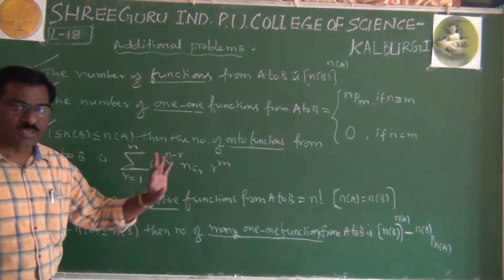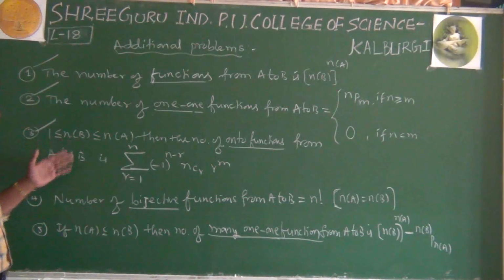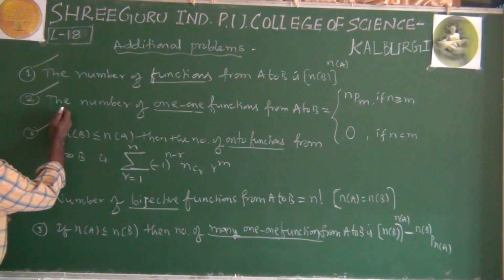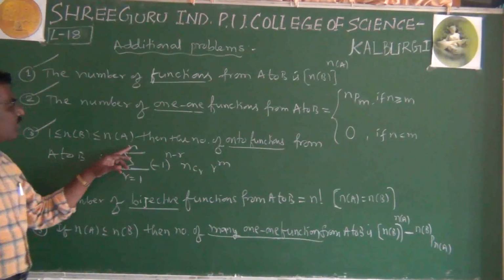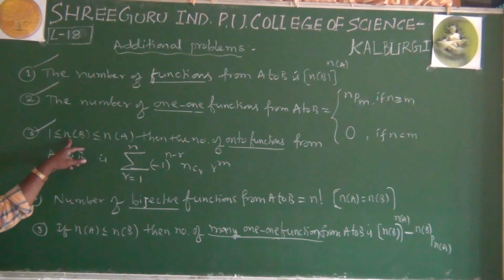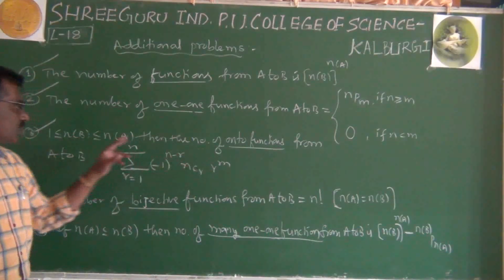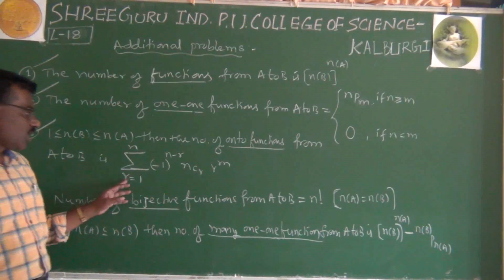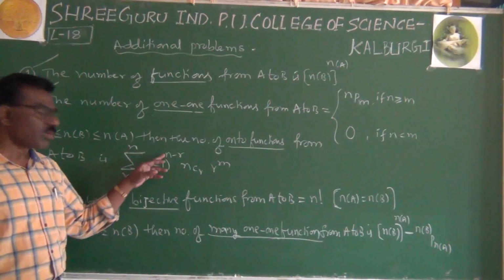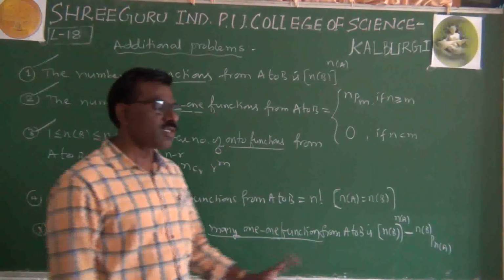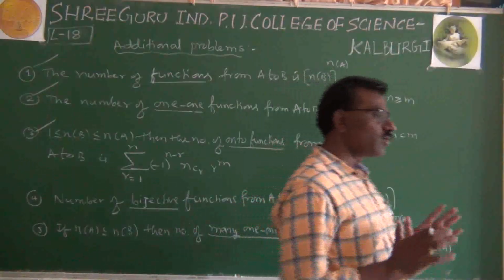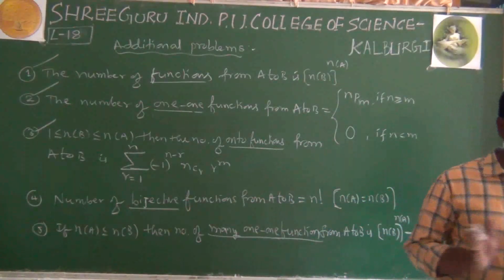But what is m here? Here, n means n of B and m means n of A. So the summation, r equal to 1 to n, of minus 1 to the power n minus r, nCr, r raised to m, is the number of onto functions from set A to set B.